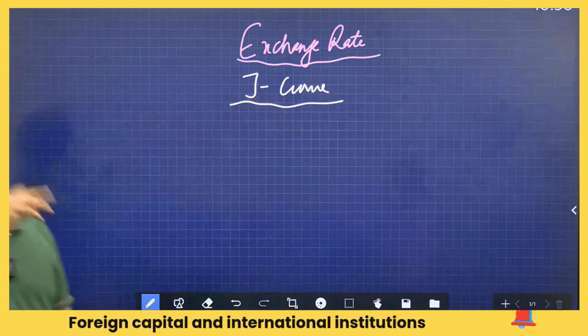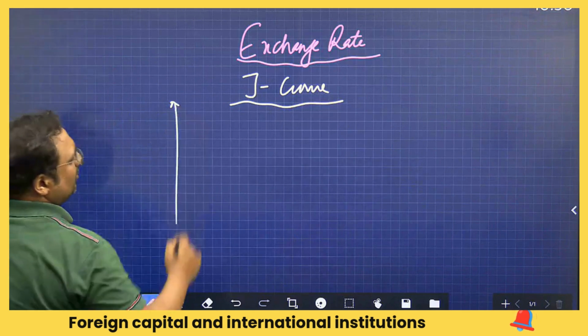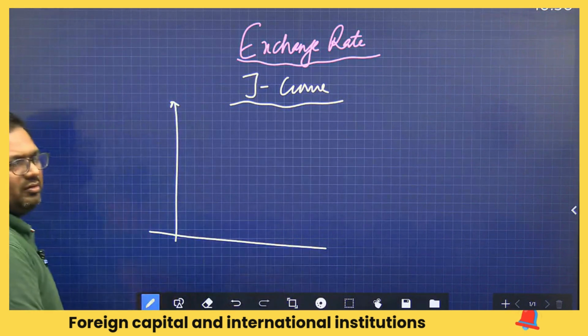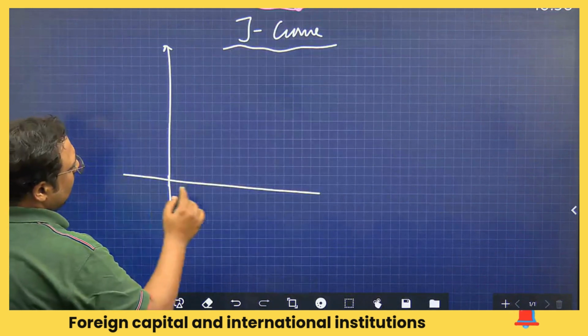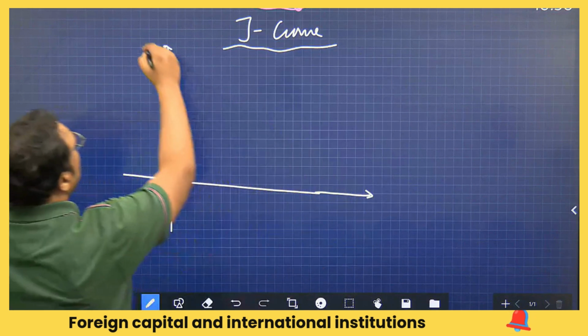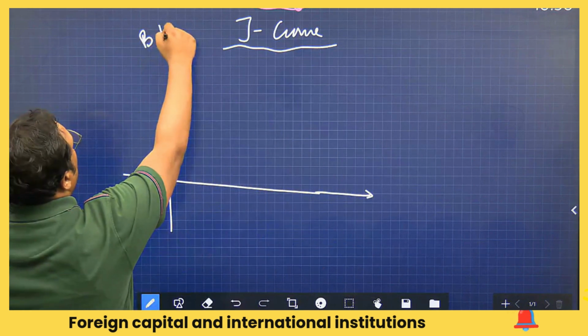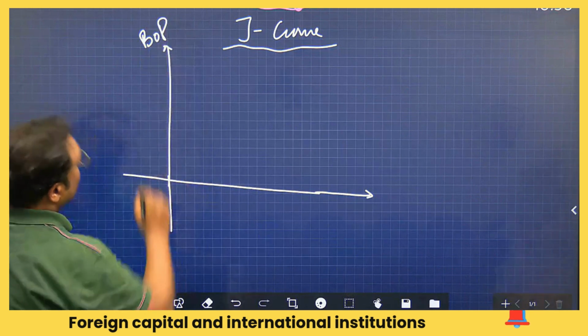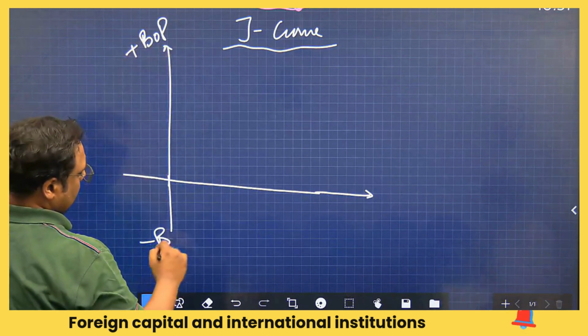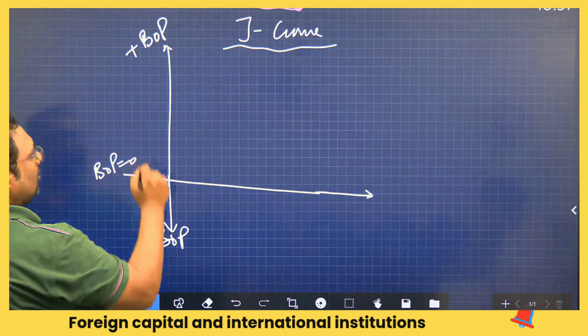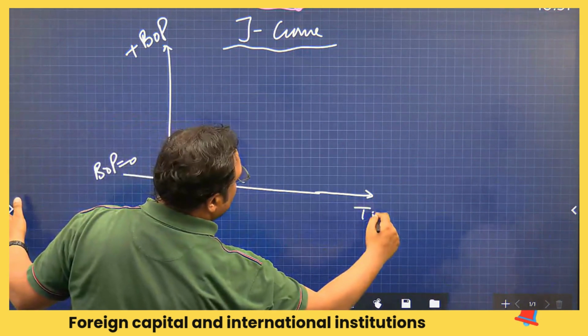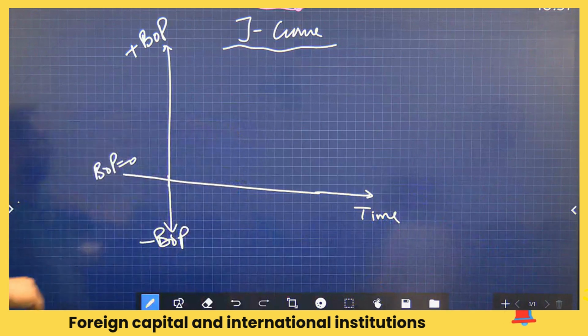Next topic in the same continuation, or next subtopic in the devaluation, is the J curve. So these are the axes for the J curve.